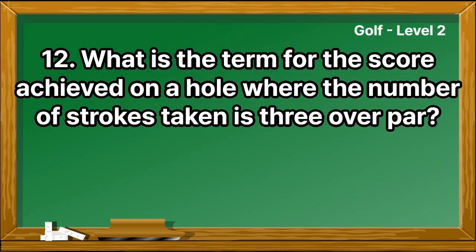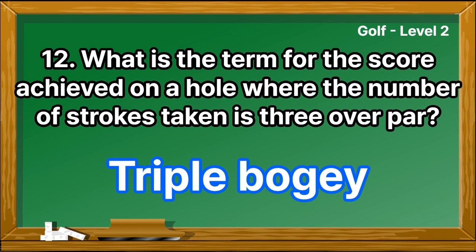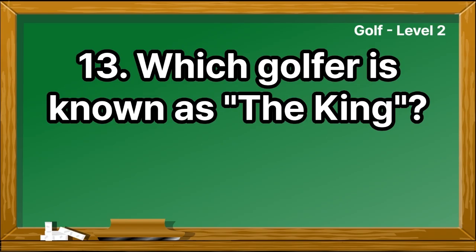What is the term for the score achieved on a hole where the number of strokes taken is 3 over par? Triple bogey. Which golfer is known as the King?